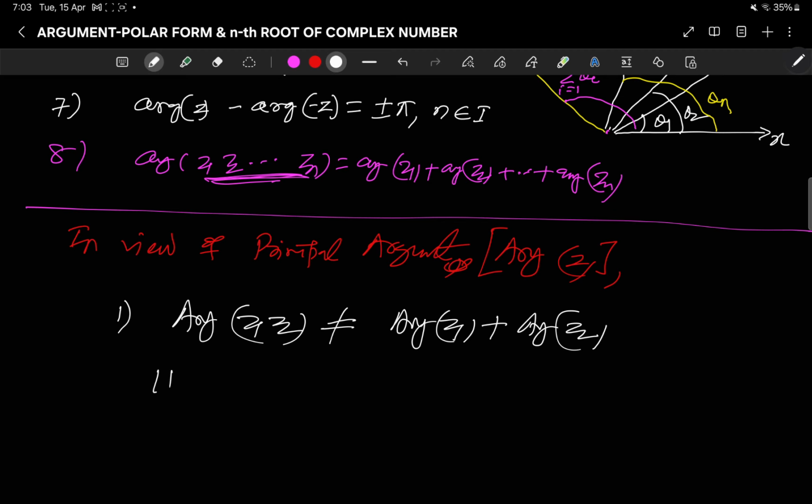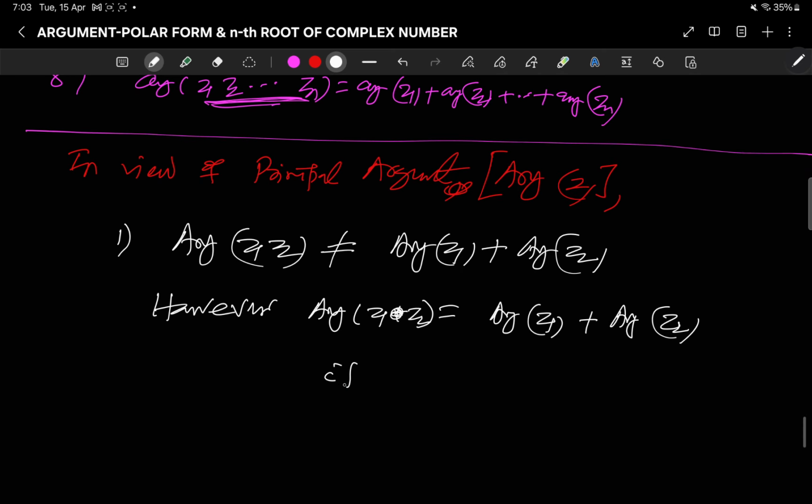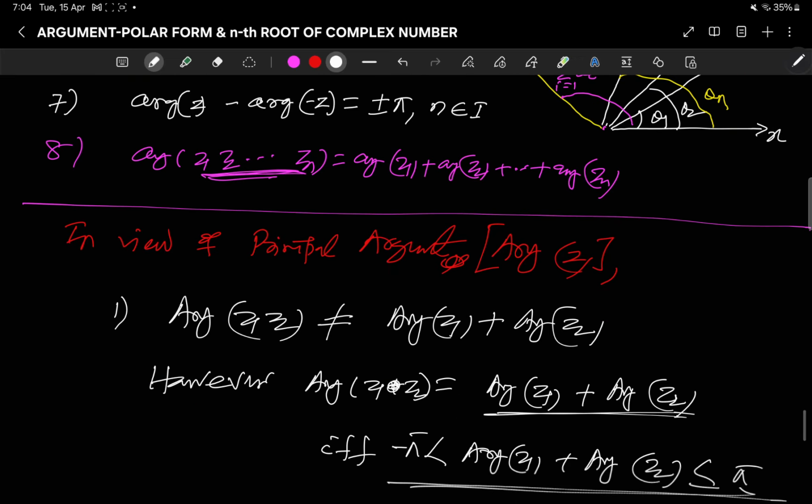However, it will be equal under a certain restriction. Arg of z1 into z2 is Arg z1 plus Arg z2 if and only if Arg z1 plus Arg z2 lies in this interval. This is the restriction of the principal argument. So likewise, all the properties will be extended in that way.